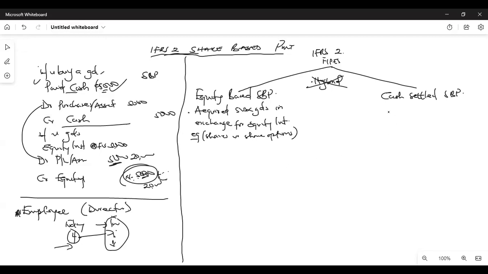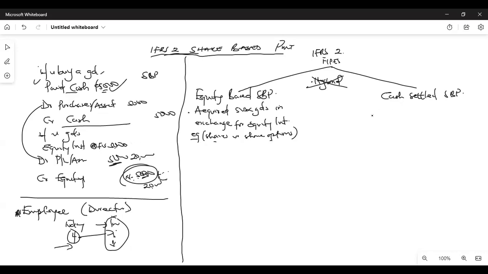Then when we look at the cash settled, this one too, it is equity, but the cash of the equity is valued on the fair value of the price of the equity, the share. So here you are giving some number of shares, all right?